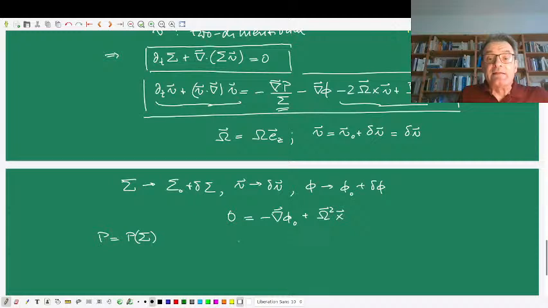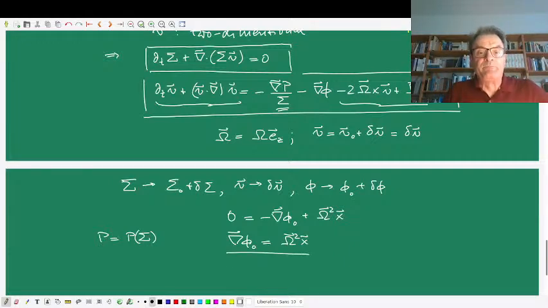And this is a very interesting thing, because it shows you that the gradient of phi 0 must be omega square times x. Now have a look at this. We have a planar situation, right? We have a surface mass density only, and we have assumed the sigma 0 to be constant. But then the gradient of the potential phi 0 must point along the z-axis.